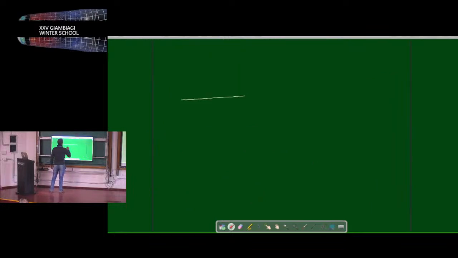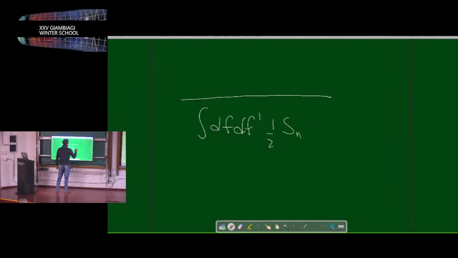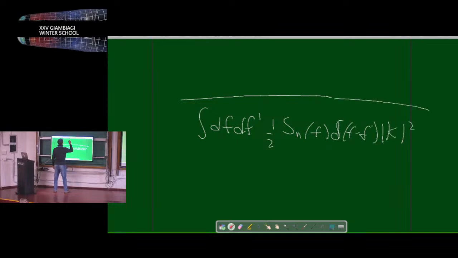In the denominator we had df prime, we had the noise, but the noise we replace with this. And then we have the modulus squared of the filter function. At the numerator, you have the signal times the filter function. Then because of this property of the noise, we can get rid of this. And there was a 1/2.